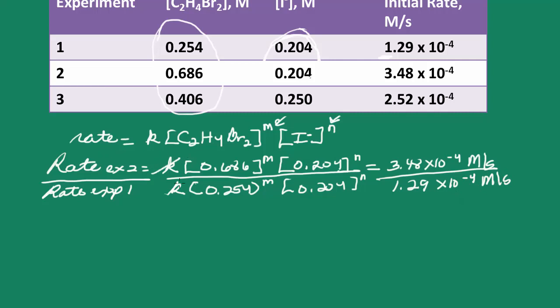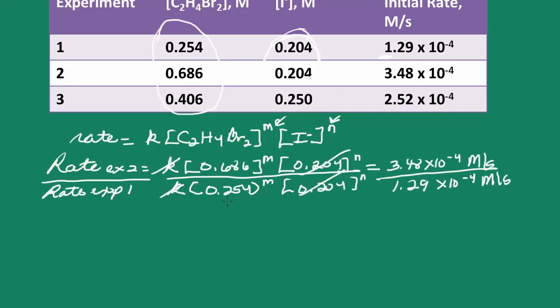Now what's going to happen is the k's cancel, these cancel, and then we divide these concentrations here. When we divide 0.686 by 0.254, I get 2.7.